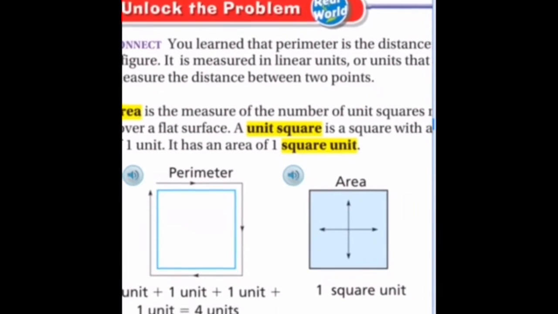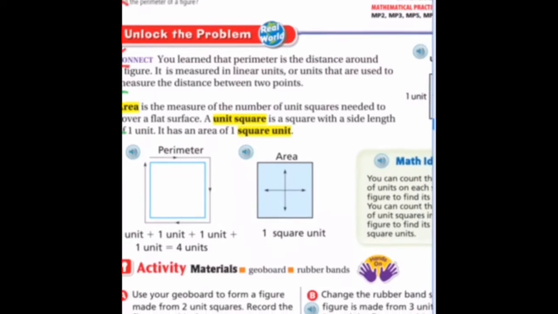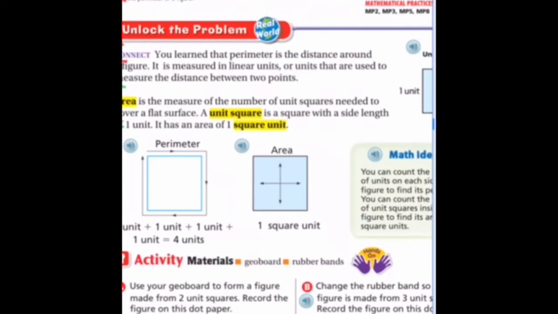So let's look at Unlock the Problem here, as we always do. It says, connect. You learned that perimeter is the distance around a figure. It is measured in linear units, or units that are used to measure the distance between 2 points. Area is the measure of the number of unit squares needed to cover a flat surface.